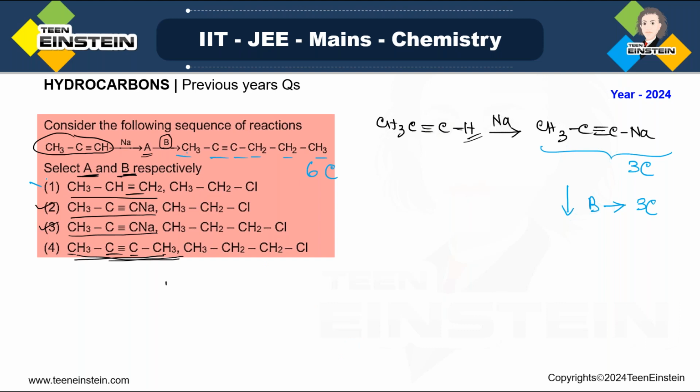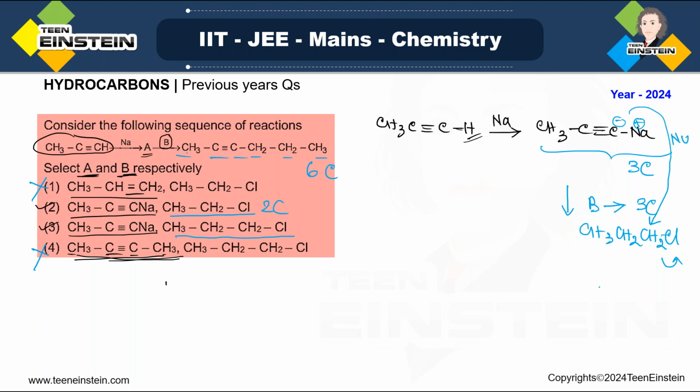Now look at option 2 and 1, because these 2 we have already cancelled. So for option 2, it is CH3CH2Cl, 2 carbons only. But for option 3, it is 3 carbons then Cl. That means B must be 3 carbons then Cl. And what reaction is happening here? Basically here negative and positive charge is present. If this negative charge attacks here, this carbon chlorine bond will be broken. So this CH3C triple bond C minus acts as a nucleophile.